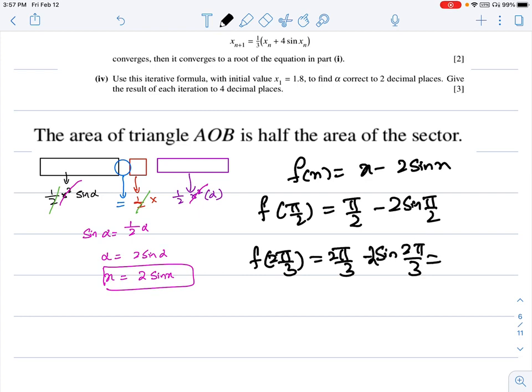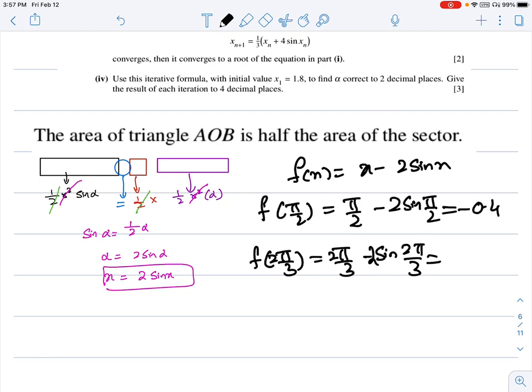So I quickly take the calculator, then I do pi by 2 minus 2 times sine pi by 2, and I keep the mode of the calculator in radians. So I get for the first one negative 0.4.